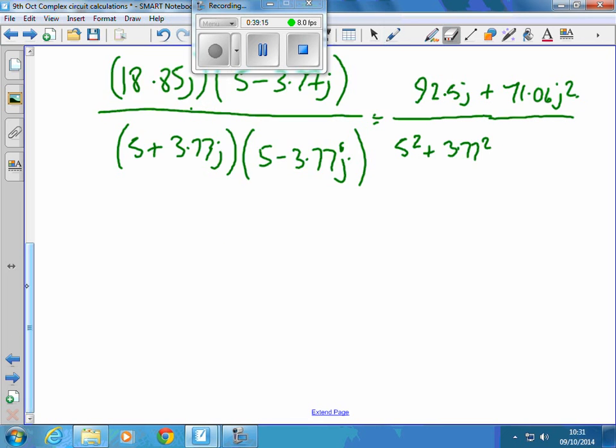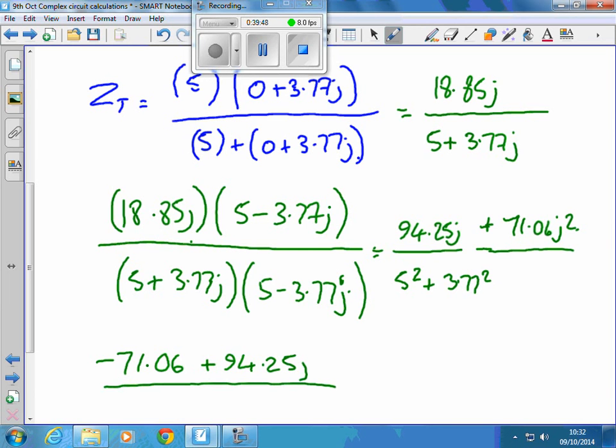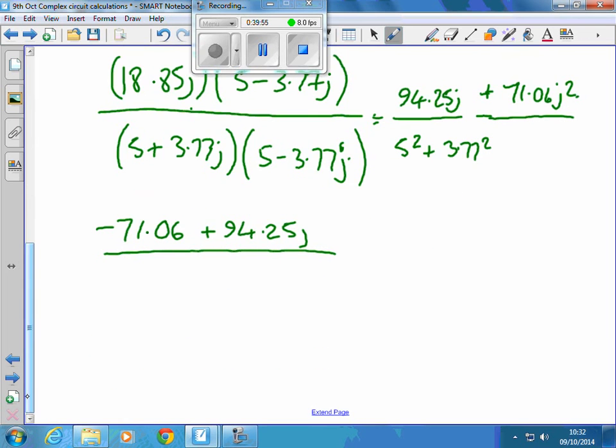Plus 94.25J, plus 71.06 J squared, so that must be minus 71.06, plus 94.25J on the top. And what is 5 squared plus 3.77 squared multiplied out? 39.2.